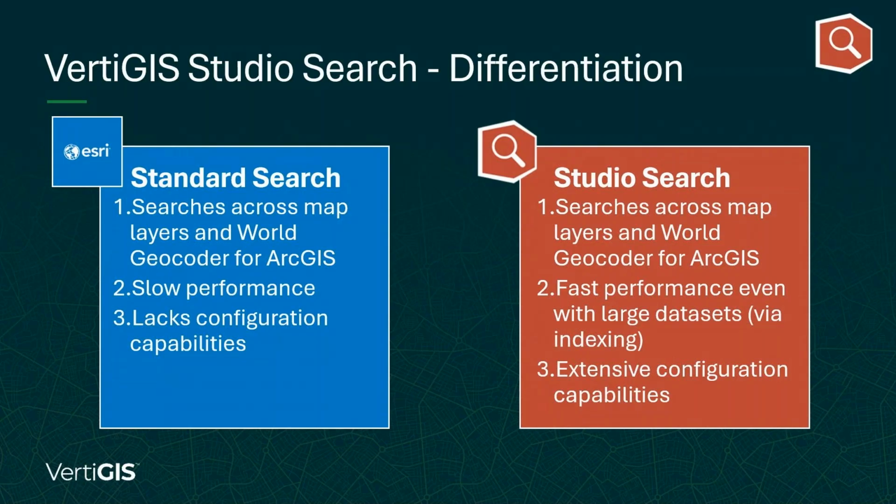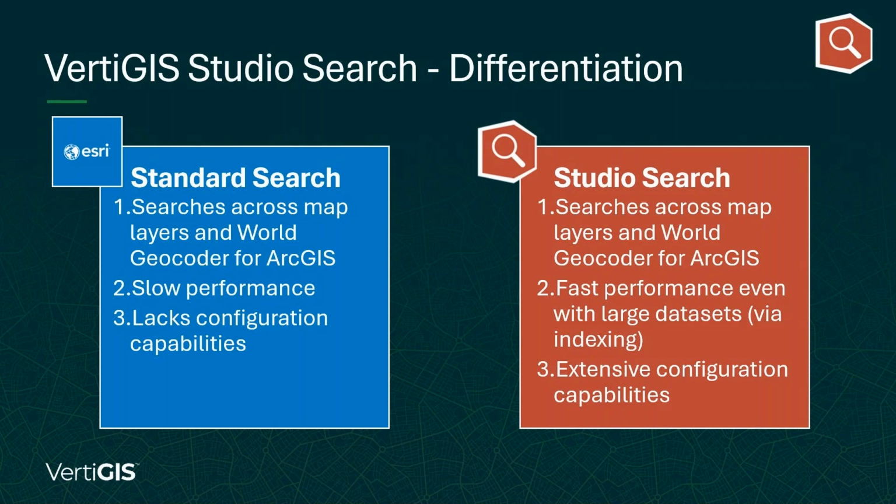And so standard search allows you to search across map layers as well as the world geocoder for ArcGIS. And that's the same thing with Studio Search. We can also do that, but that's really where the similarities end. So both of these products can search across map layers and the geocoder. But going back to standard search on the left, really where it starts to differentiate is standard search has a slower performance. And the reason for that is if we go back to the right, looking at number 2 in the Studio Search box.